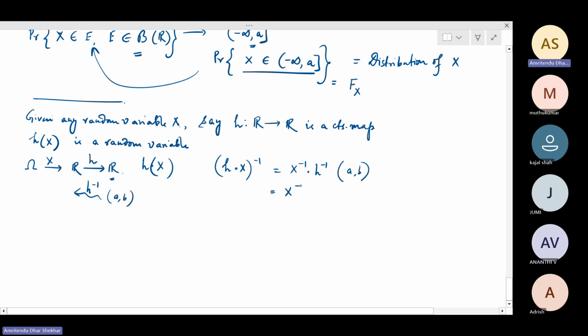So it's going to be equal to X inverse of some union of (a_i, b_i), and this is of course going to be a measurable set. So this is a measurable set, it is an event.